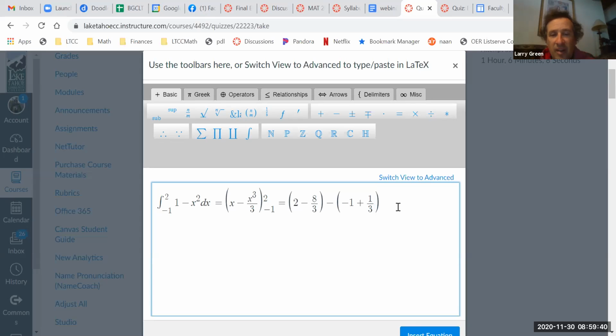Any questions on plugging in? Okay, and I would accept that as finished, but I don't know, it just wants to be done. So let's do this. We get a 2 minus a -1, that's 3. Then we have a minus 8/3 minus another 1/3, which is minus 9/3. And what's 3 minus 9/3? 0.